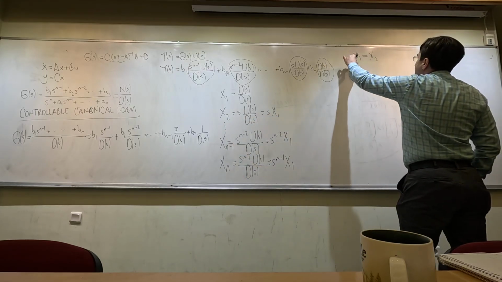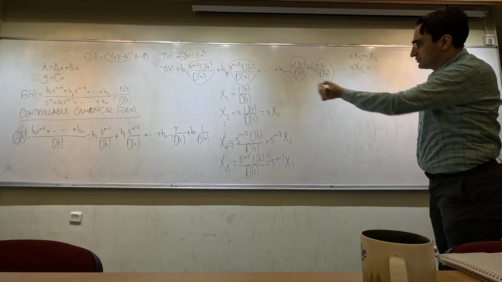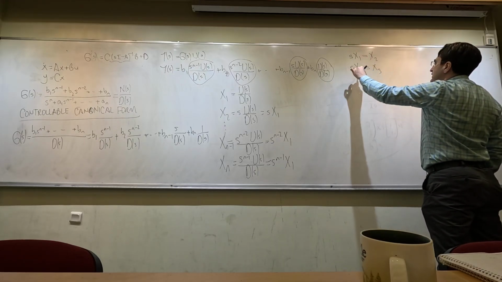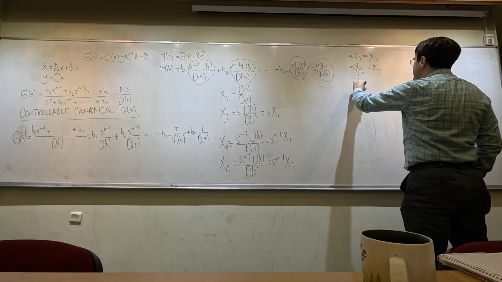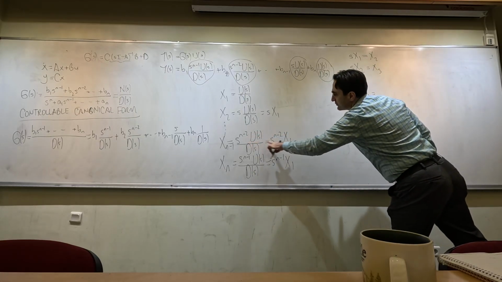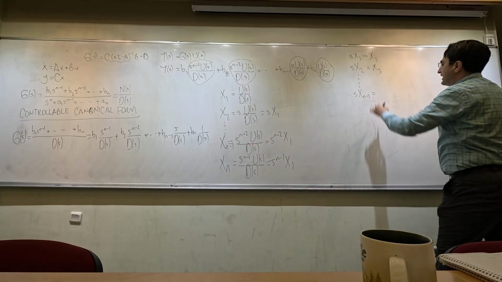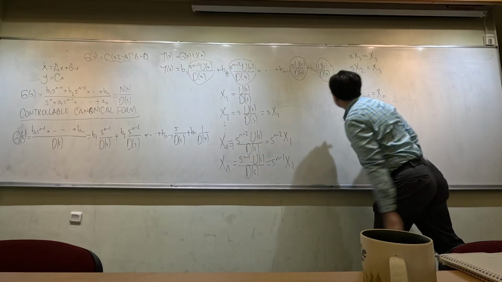And s times x2 is just going to be x3 here. So I will continue in this manner, and I will write s times xn minus 1 is equal to, it is just going to be xn here. s times this thing is going to give me xn.